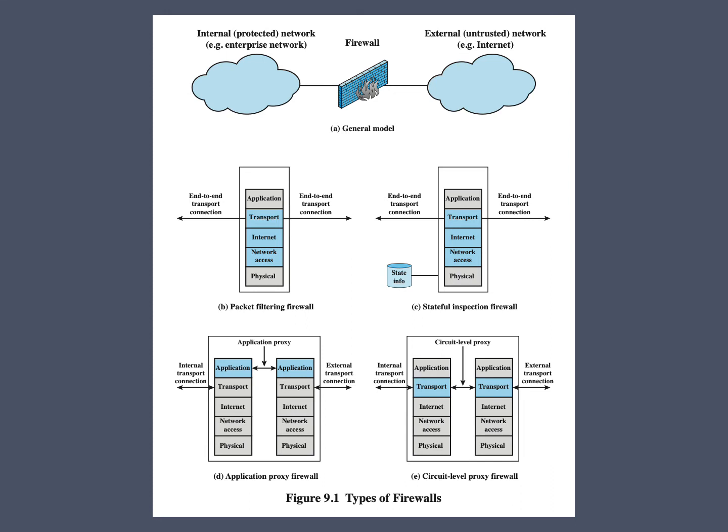So it'll make a note of which clients want to talk to the servers behind the firewall. And if it sees a packet coming from a client that has not established a connection, meaning it's not part of an ongoing conversation, then it will not permit that packet to enter the network.